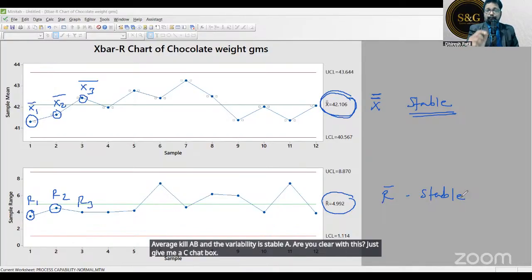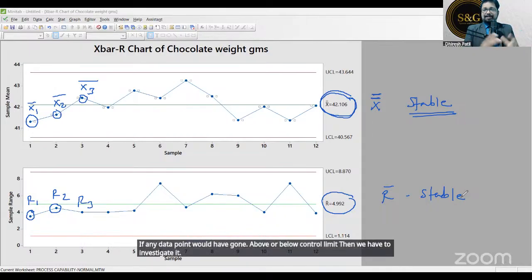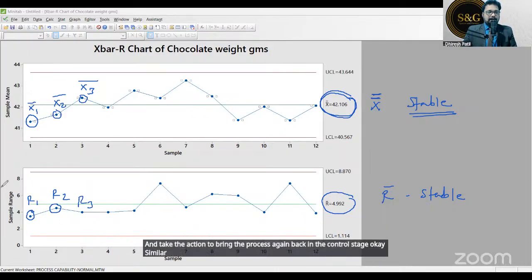If any data point would have gone above or below control limit, then we have to investigate it and take the action to bring the process again back in the control stage. Okay? Similarly, let's go for X bar S chart with the same process.